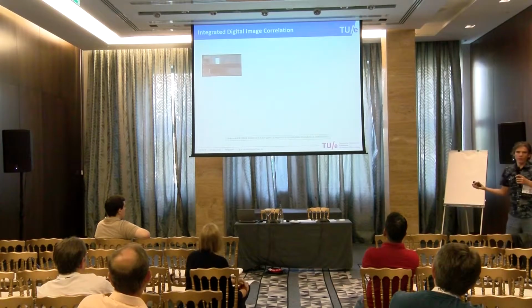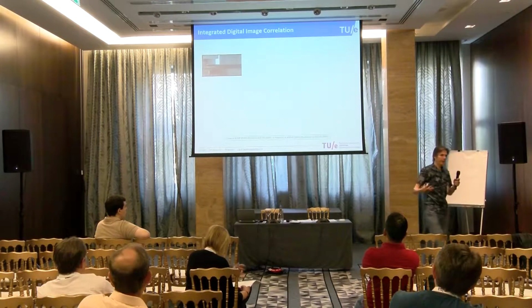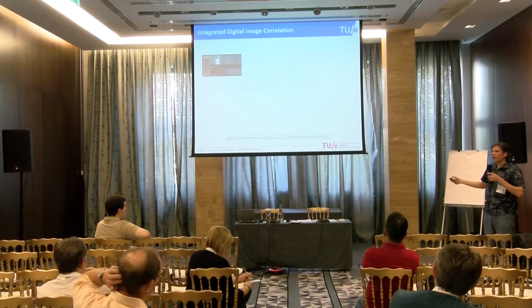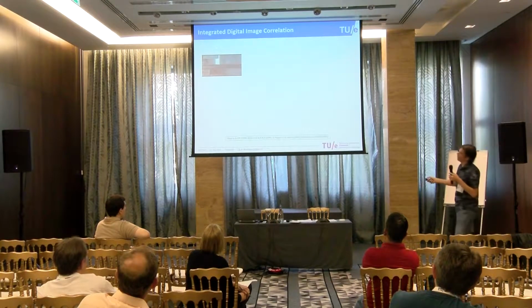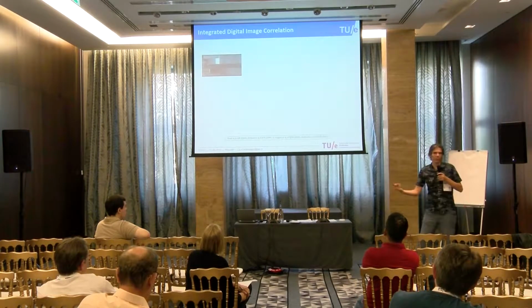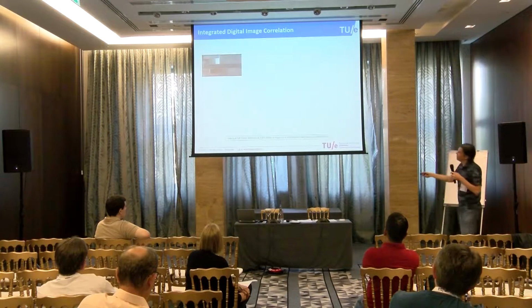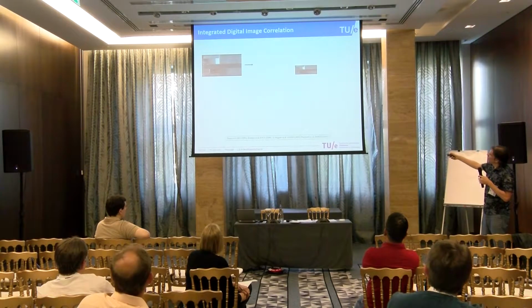Now, the way we want to do this is by digital image correlation, because digital image correlation gives us displacements and strains, and that's the classical way. But we want to use a special form of this, called integrated digital image correlation, which is integrated with a numerical model. The way it works is like a movie. In this case, it's a simple double cantilever beam where we see a delamination going on, and we get images.